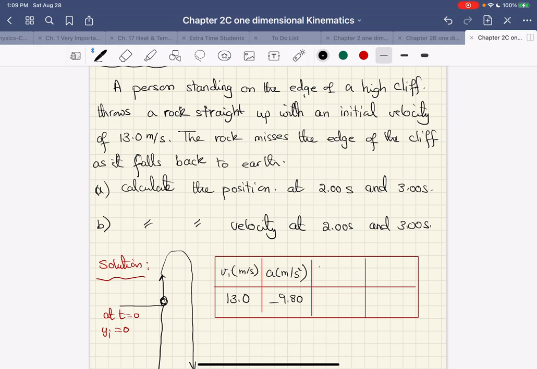I'm looking for the calculations at t equals 2 seconds, and I'm looking for y final. My initial is 0 meters.